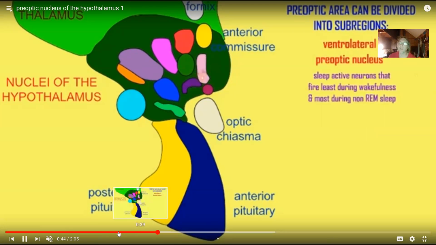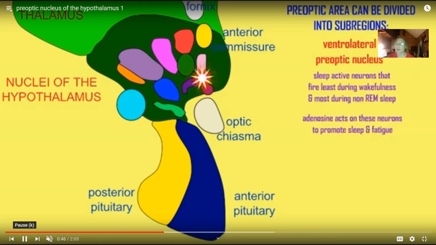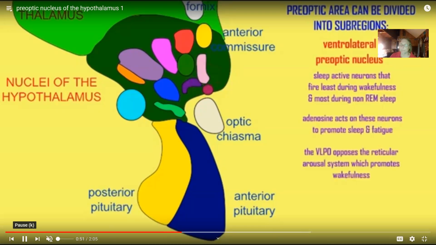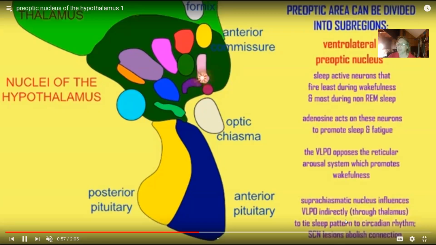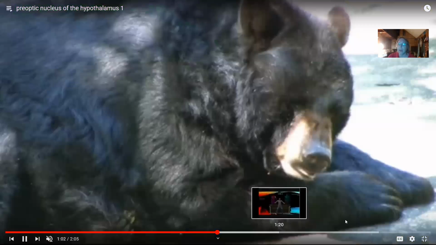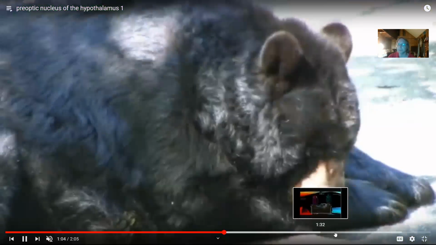And there are others. And some can govern our sleep-awake cycle. So there's a signal known as adenosine, which causes us to be sleepy and fatigued. And so they act here. And so the hypothalamus is involved in that aspect of our daily cycle and the sleep-awake cycle as well. You see a sleeping bear there.